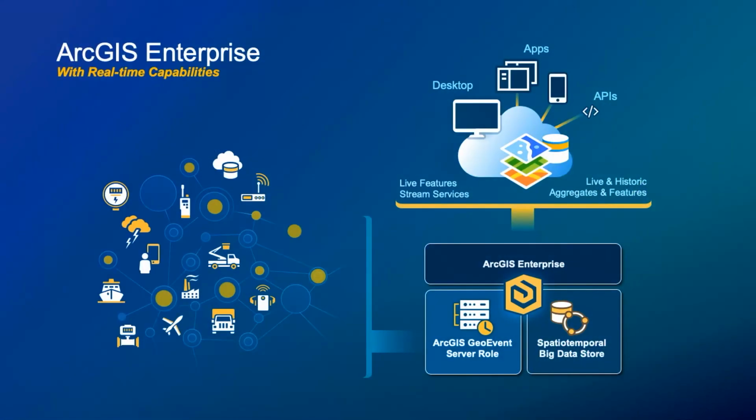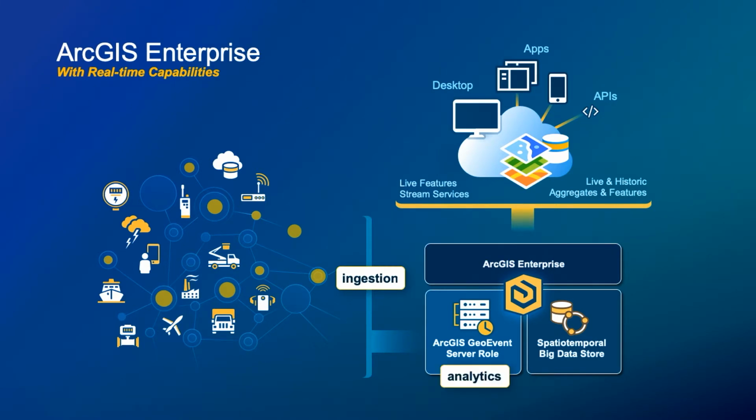So let's talk about GeoEvent at a high level. GeoEvent gives ArcGIS Server the ability to integrate real-time data into ArcGIS infrastructure. If you have attended other GeoEvent sessions, you will probably be familiar with this slide. It ingests high volume and high velocity data from connected devices, sensors, and other IoT service layers.